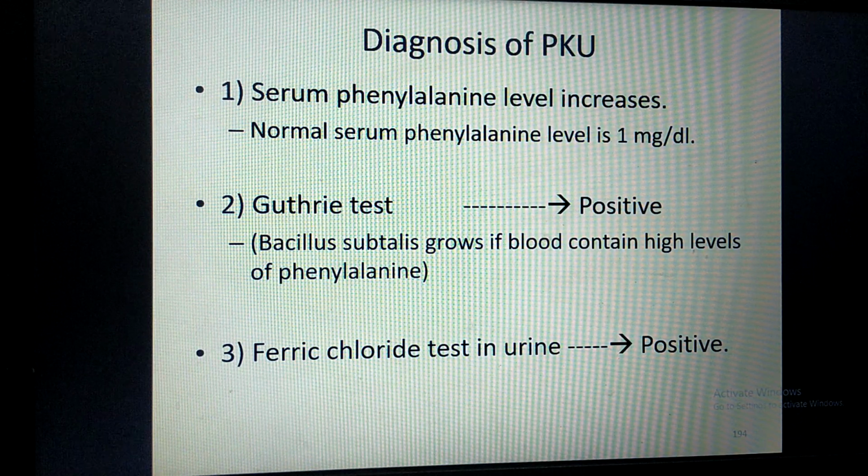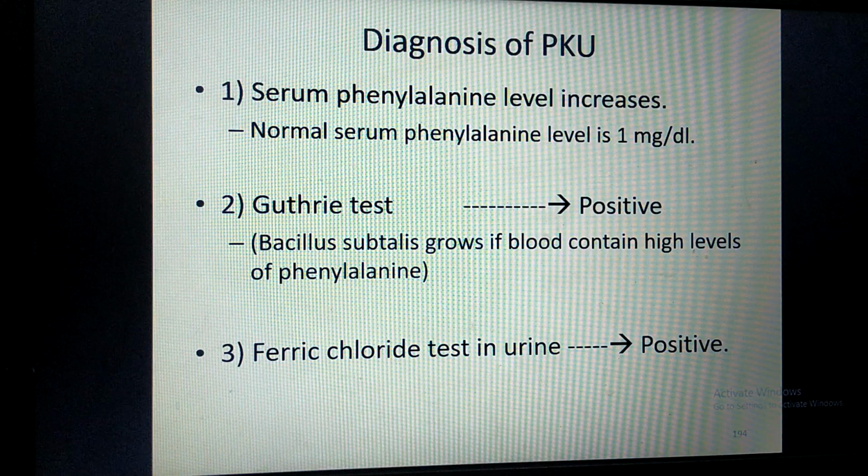Next is the ferric chloride test. It is not a specific test for diagnosis of phenylketonuria. It is a general test used for screening on a large scale. When the ferric chloride test in urine is positive, you cannot confirm the diagnosis of phenylketonuria.